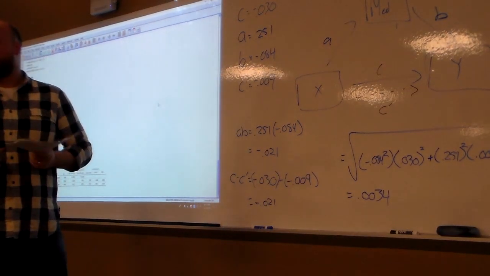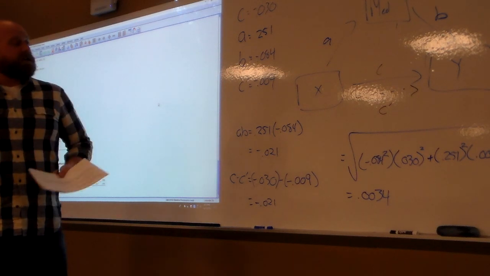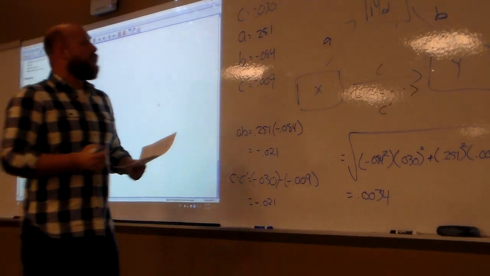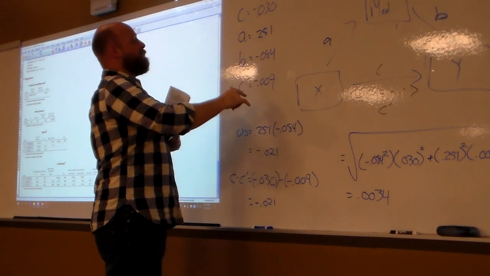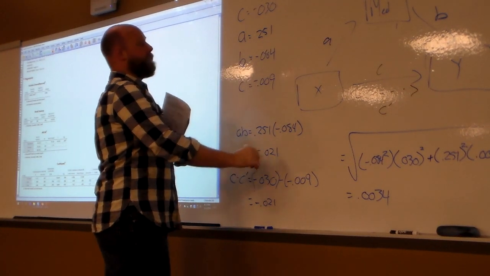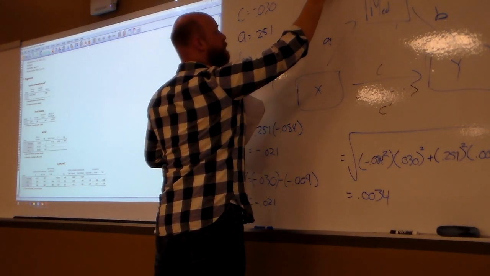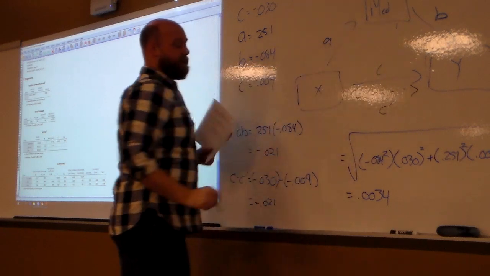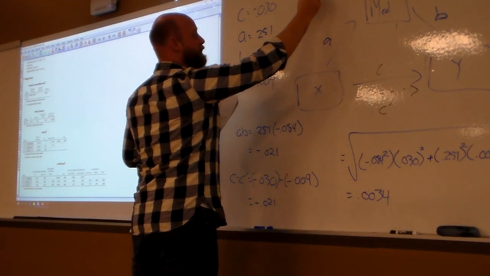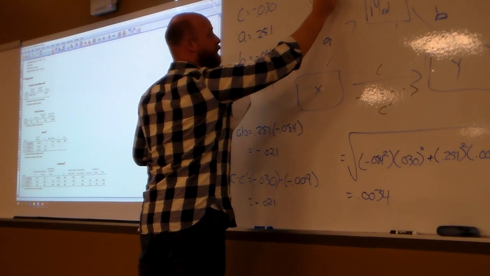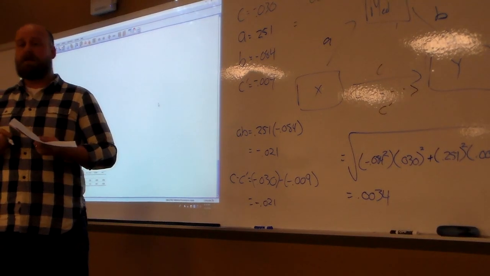Okay? So now what we need to do is calculate our test statistic. So our Z coefficient, remember, is going to be my AB path, negative 0.021, divided by the standard error I've derived, 0.0034. What do I get?